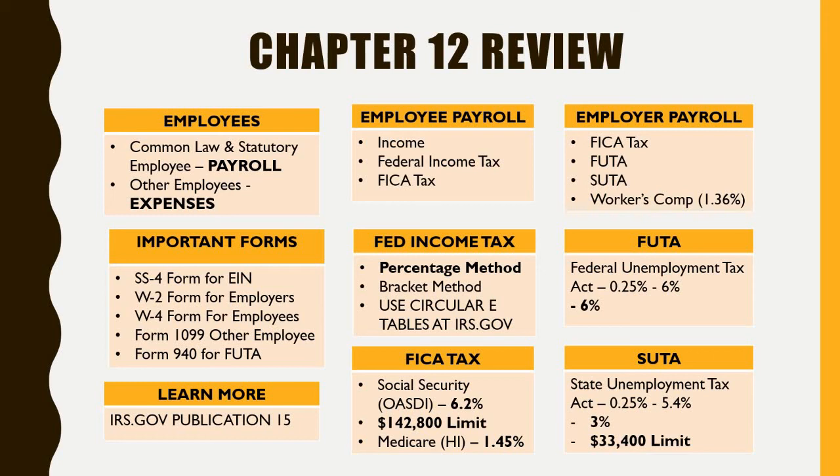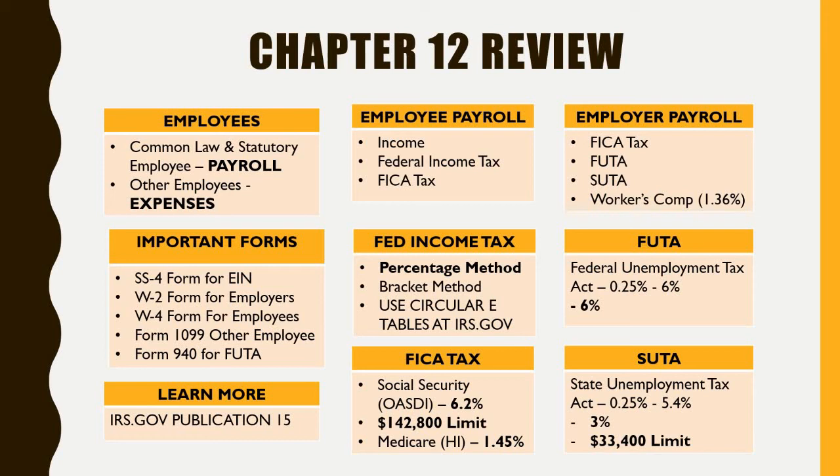Such as the employee identification number, the W-2 form, the W-4 form, the 1099 if you have independent contractors, the 940 and the 941. Of course, if you want to learn more, all this stuff is on irs.gov/publication 15, which is all about employees and how to pay them. This document is really interesting if you would like to read or learn about payroll.